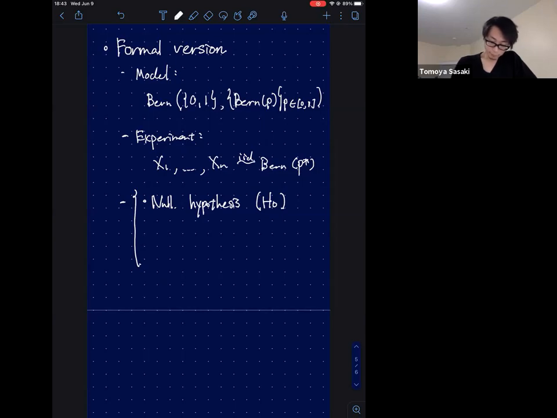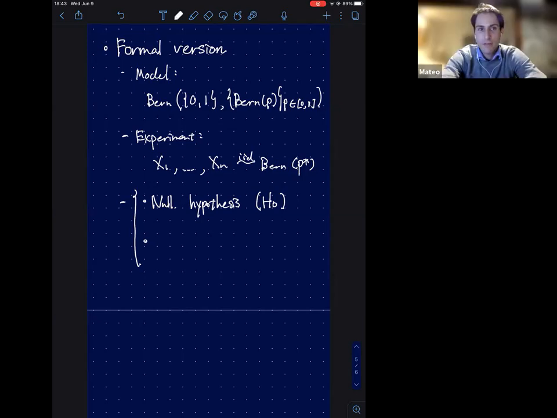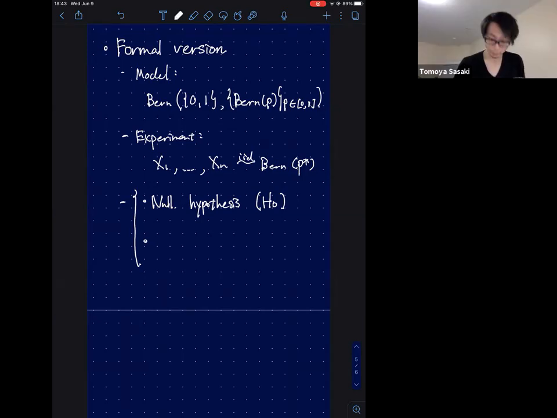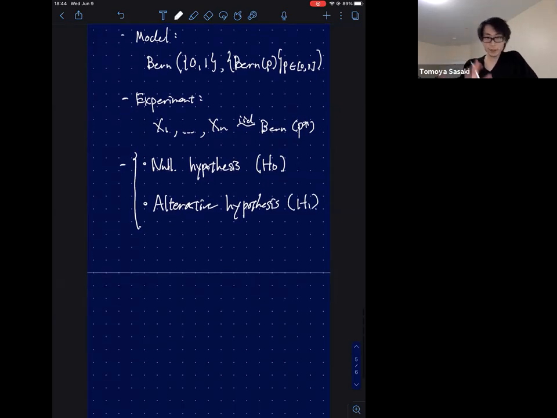And can someone give us the other one? Alternative hypothesis, yes, thanks, Matteo. We usually call it H1. So these are the components we're talking about in hypothesis testing.